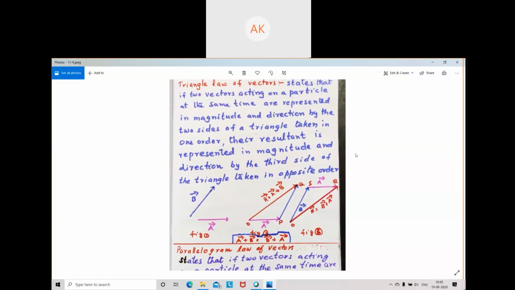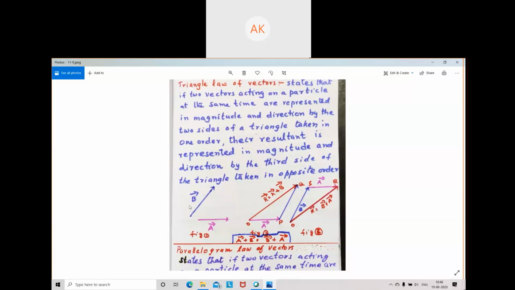Triangle law of vector addition. You can see two vectors. I will explain that. Statement we can do later. Two vectors, vector A and vector B are given. And you know the tail to tip method. First vector A is drawn with same magnitude, same direction. At the tip of vector A, what is kept? Tail of vector B is kept. How is it kept?